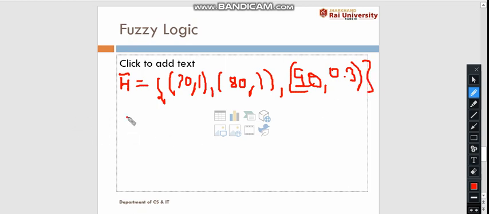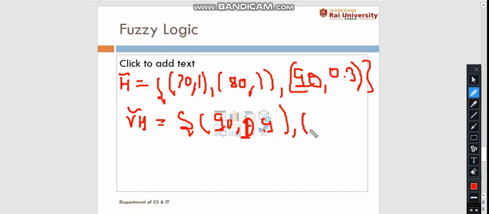Now let's take very high. It is your 90. For 90 it is 0.9, and for 100 it is 1. These are the temperatures and the associated fuzzy values.